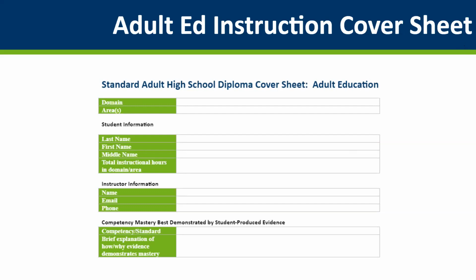They are what your students must receive instruction in, and they need to show mastery of one competency if you're using adult ed instruction as the completion option. For a reminder of what the competencies are for social studies and science, take a look at the competencies document that's in your participant folder.